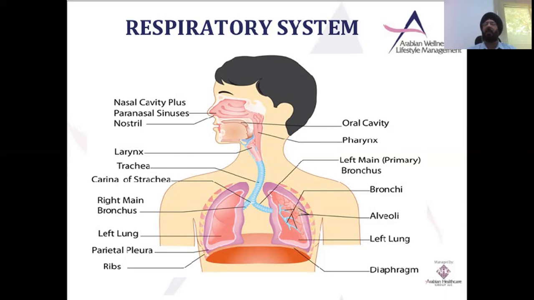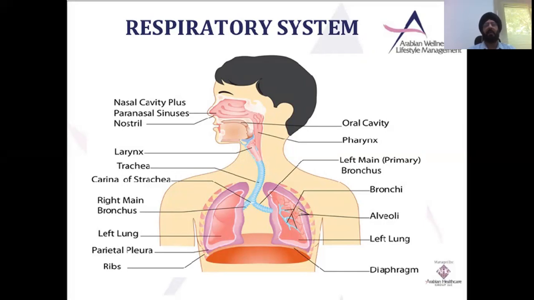It is broadly divided into two sections or tracts: the upper respiratory tract and the lower respiratory tract. The upper respiratory tract comprises the nose, pharynx, and larynx, which are located outside the chest cavity.